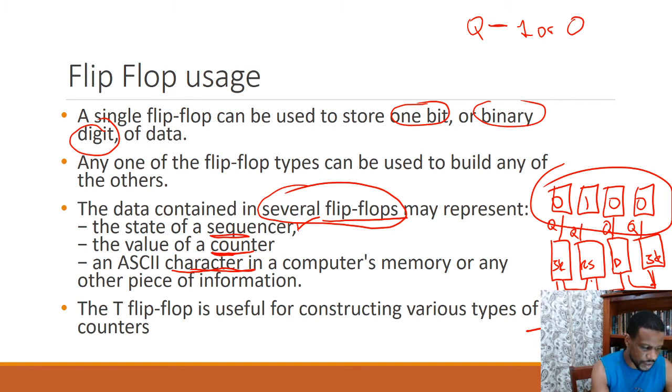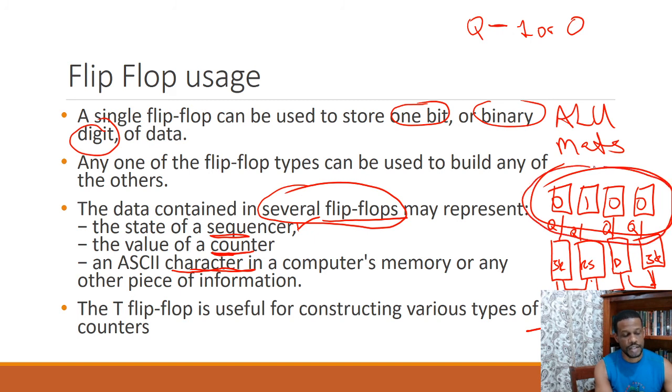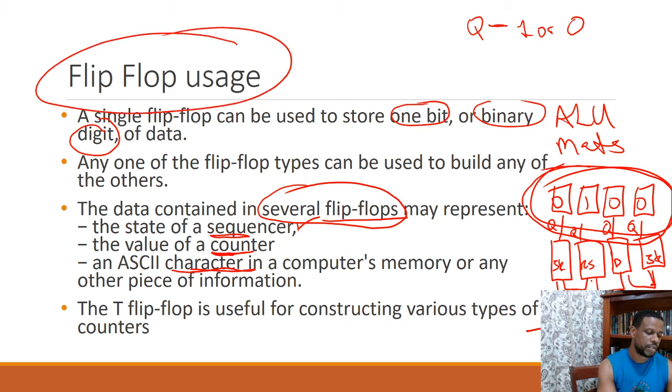And once you can make numbers, you can get a computer to do calculations because the ALU will be able to do the maths, which is why you learn all the binary calculations. All the binary calculations that we learn, like dividing by 2 and hexadecimals and all that stuff, come down to these circuits holding 1s and 0s. And once these circuits hold these 1s and 0s, you should be good. And that is how flip-flops work from the logic.